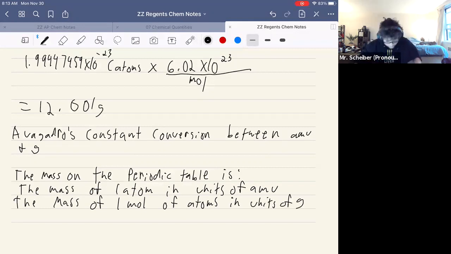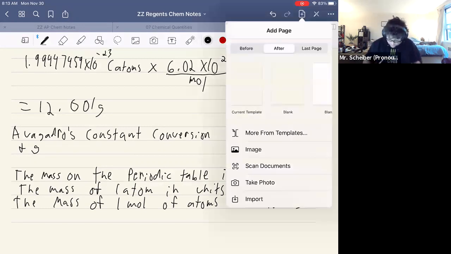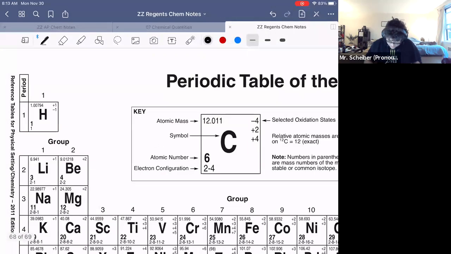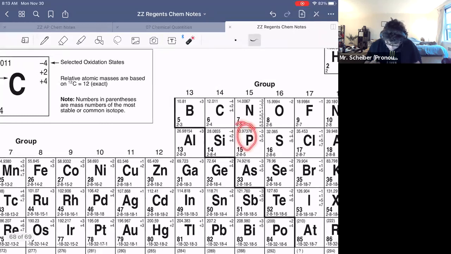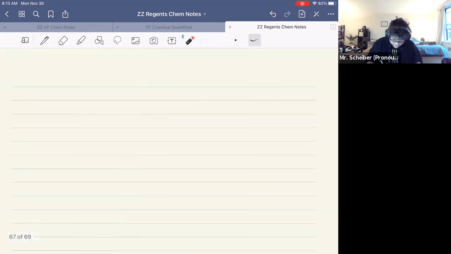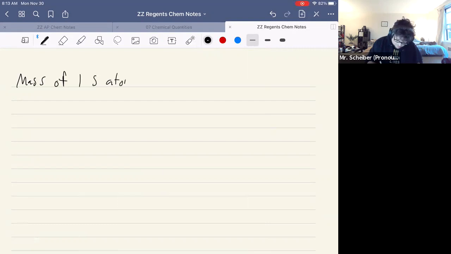grams. So if we were to quickly look at S, sulfur, on the periodic table, there's sulfur, 32.065. So we could say that the mass of 1 sulfur atom is 32.065 AMU.